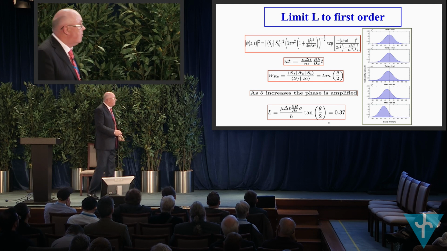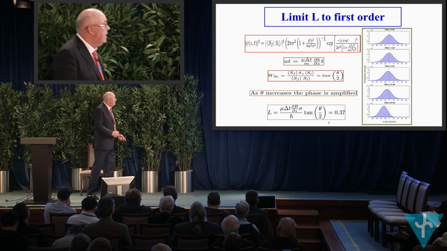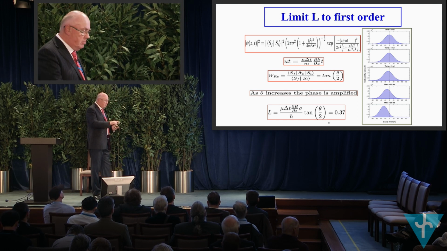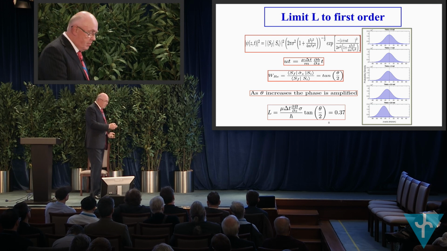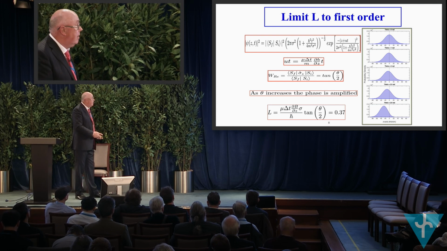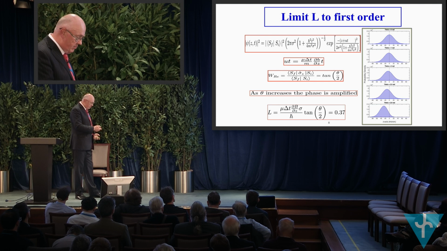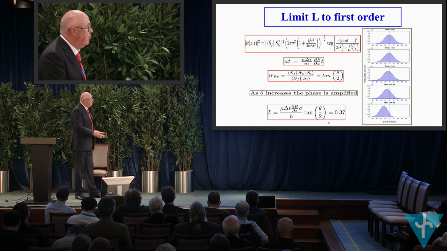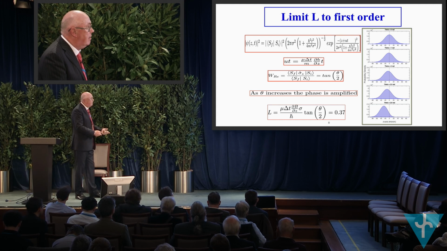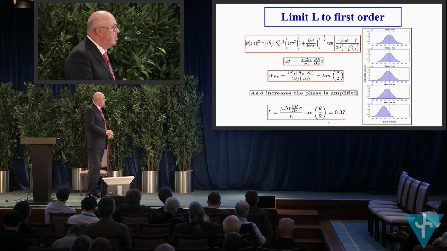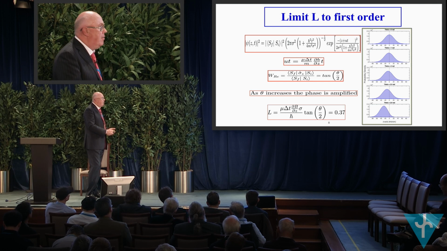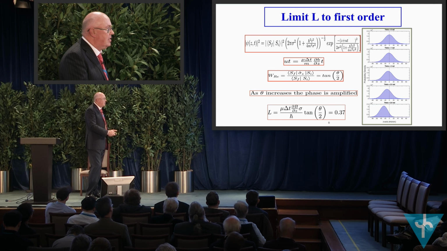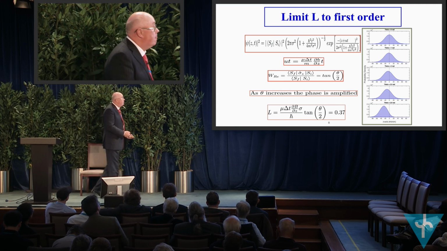As theta increases, this phase is amplified, and so you will end up with that delta W. Now, the limit we've worked out is a limit that we've taken to first order, and I'm afraid I'm not going to go through this, but you'll have to just believe me, it's in our paper. It turns out for us, it's around about 0.37. We have to keep this L at this value, or less than, otherwise it won't work.